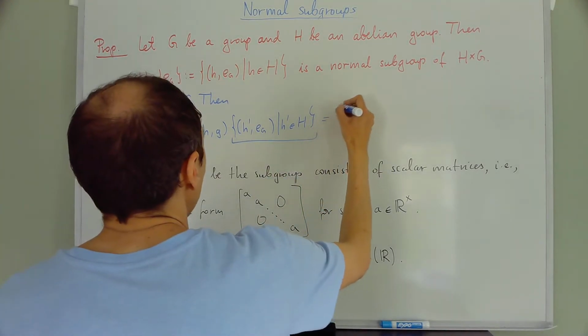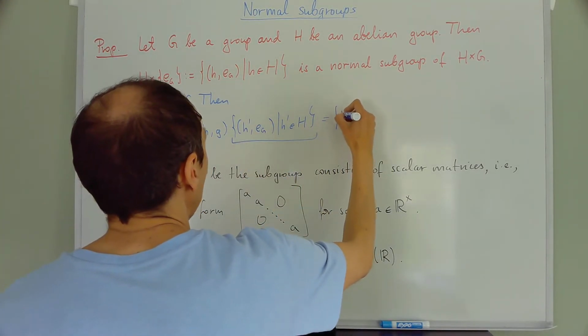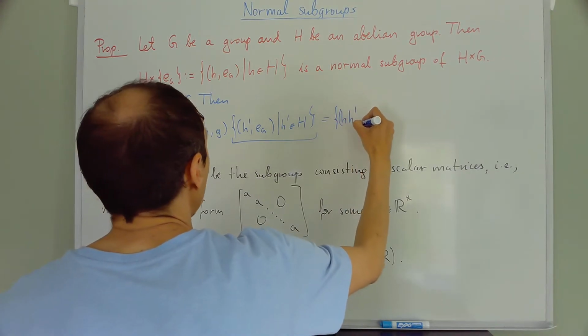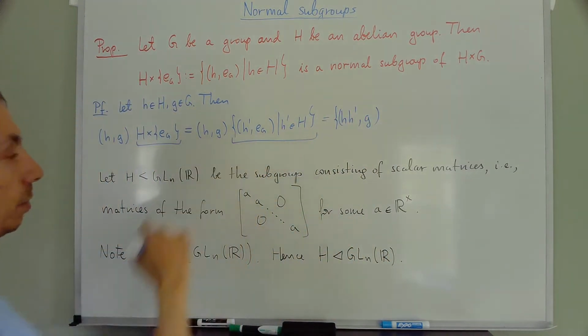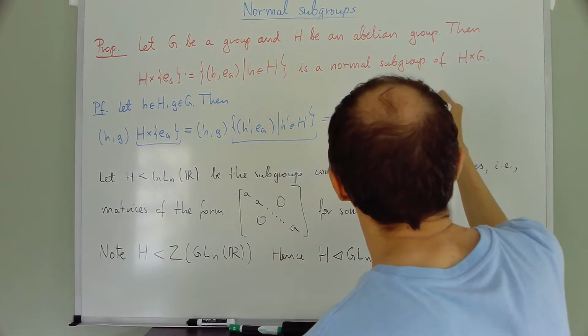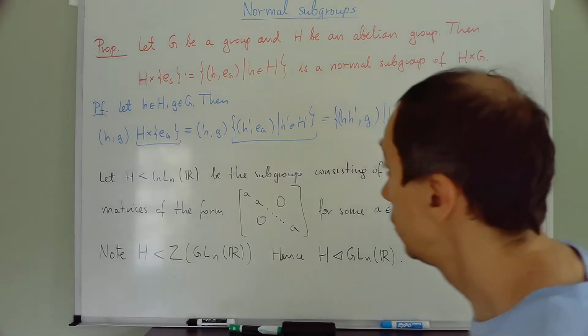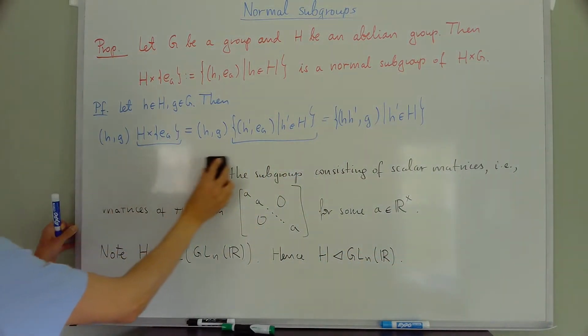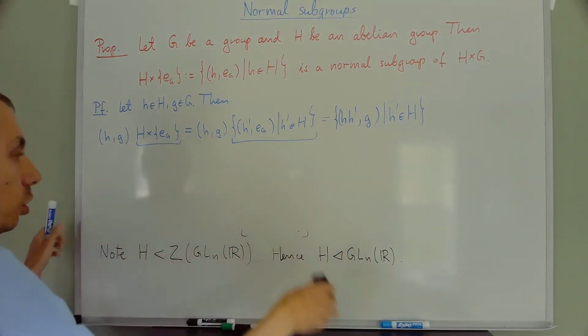So how do you multiply an element by a coset? You get now (h prime h, g), because g times the identity is just g, where h prime is in H. But now I can use the fact that H is abelian, so I can switch h prime and h.